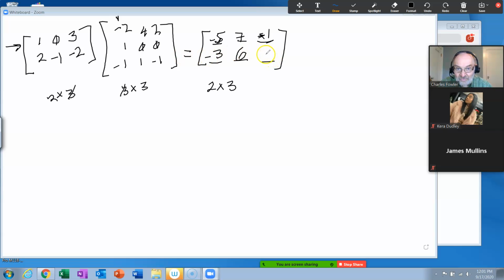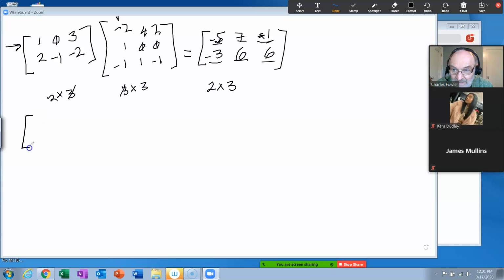The 2-3 entry here, second row here, third column here, is going to be 4 plus 0 plus 2. 4 plus 2 is 6 again. All right, let's see what they got. -5, 7, -1, -3, 6, 6. Good for them.